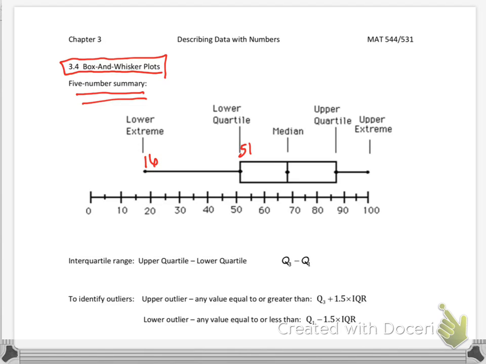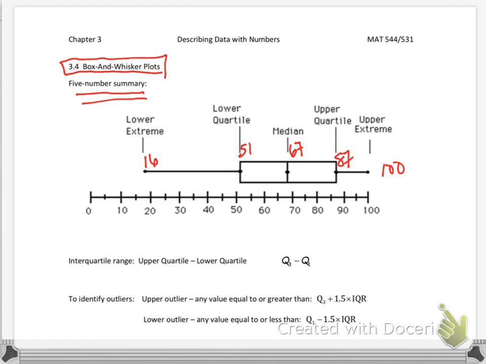Here's your median, which is the middle of your data, maybe about 67. The upper quartile looks like maybe it's 87. And the upper extreme, which is the highest point of your data, looks like it's about 100.